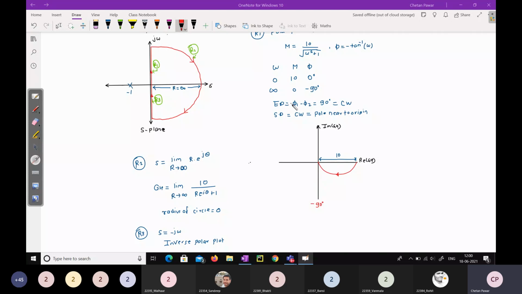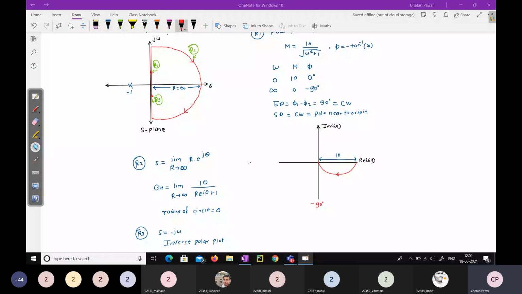The starting and ending directions are clockwise, so it will start from here and end here, like this. This way, region 1 mapping is done, meaning we have just drawn the polar plot for the open loop transfer function.